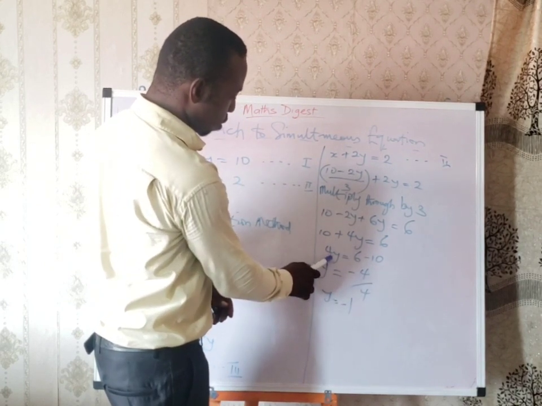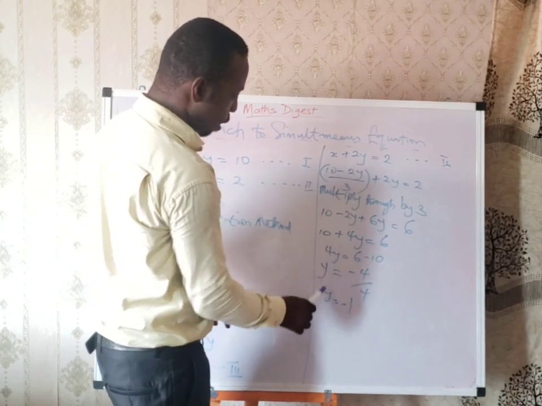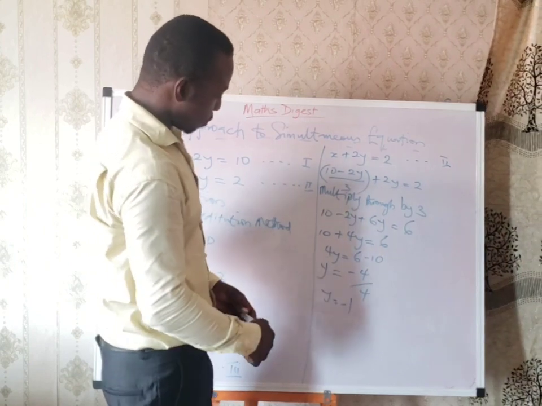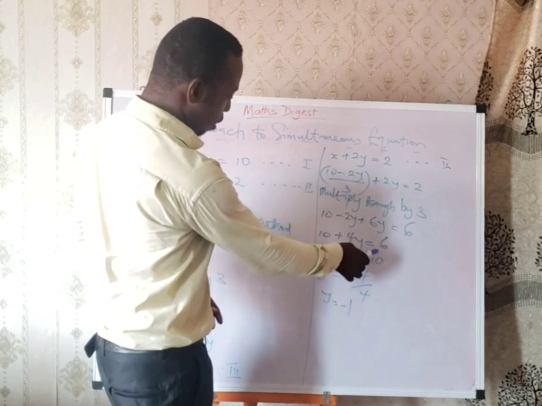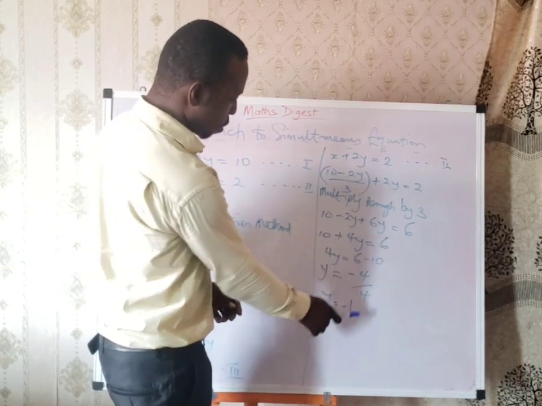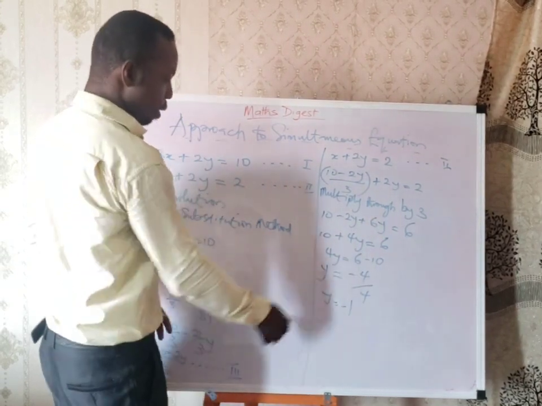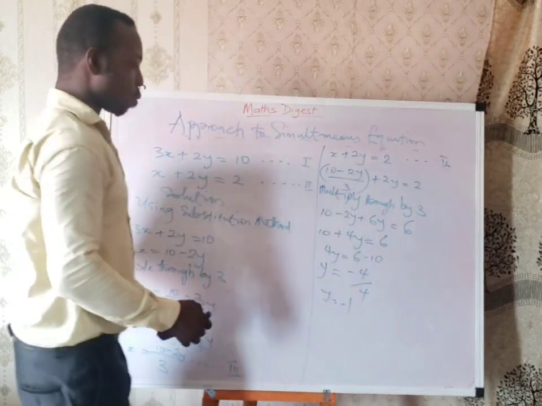For this 4y, we divide both sides by 4, so the 4 cancels the 4, and minus 4 over 4 gives y equal to minus 1.